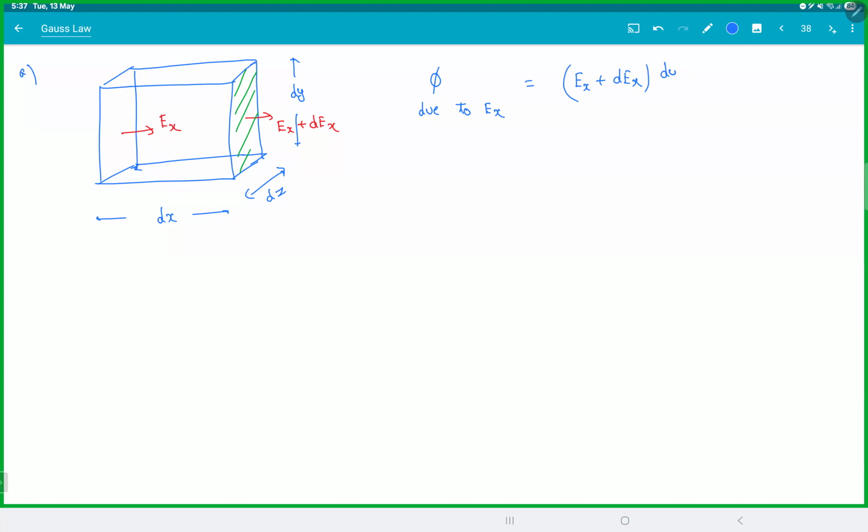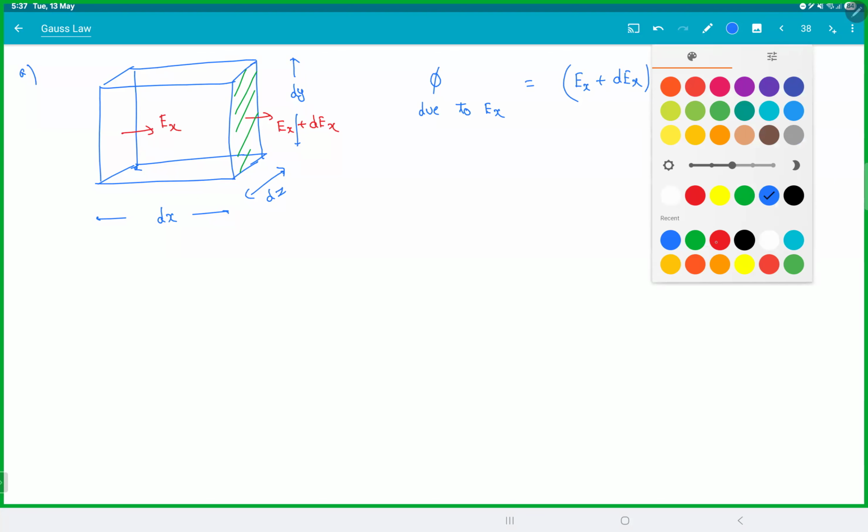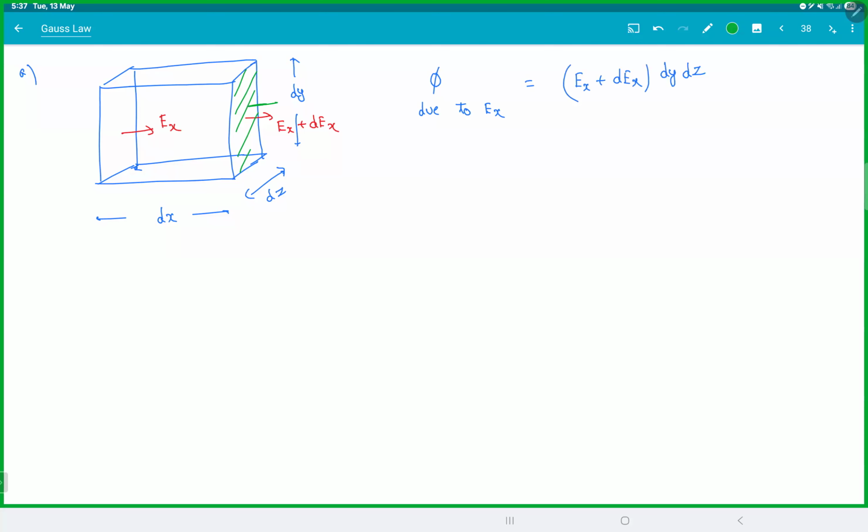That is the green shaded area. So this is the area vector, everyone. Area vector here is dy dz. Minus this will be Ex into dy dz. So for the Ex field, the area is dy and dz. So this will become dEx dy dz.